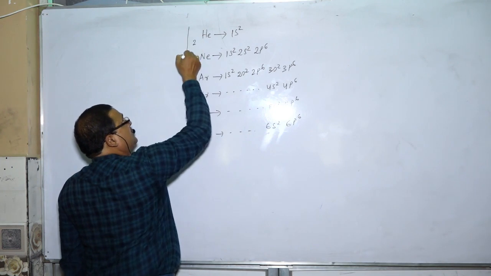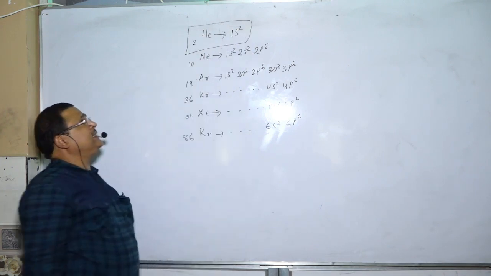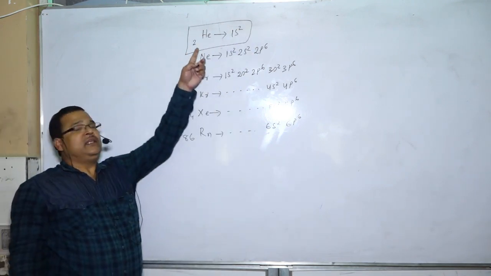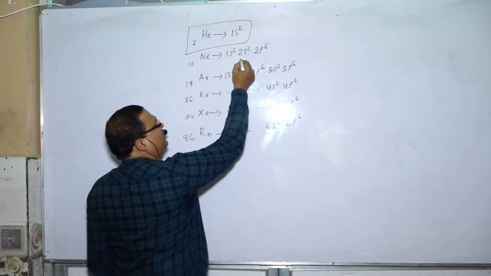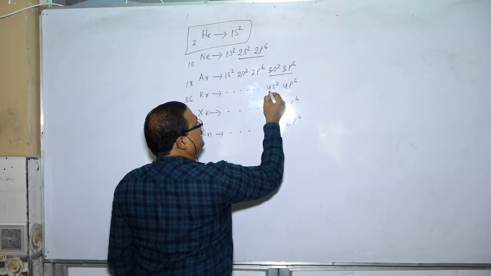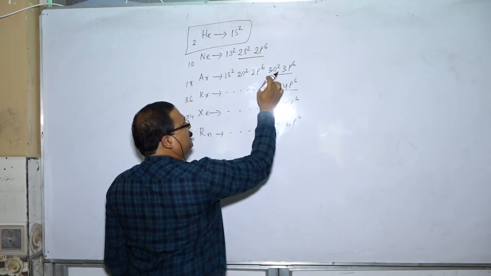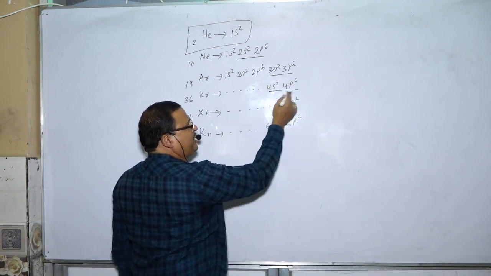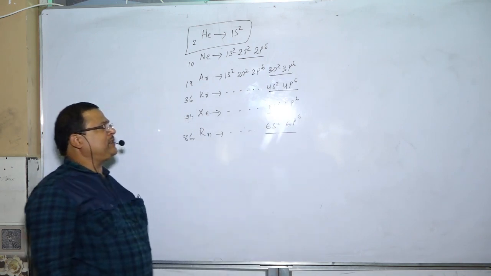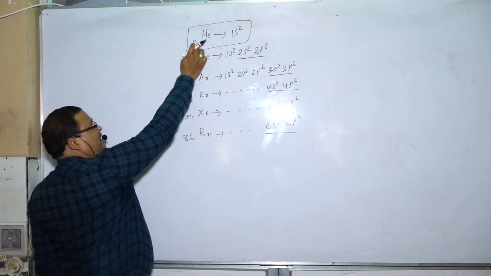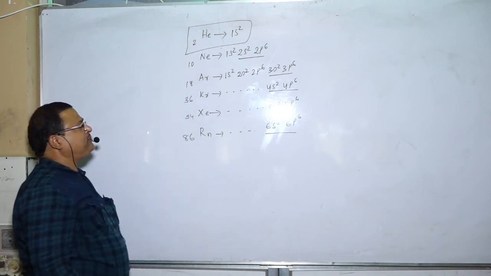Except helium, the rest of all the elements have the general electronic configuration ns2, np6, that is 2s2, 2p6, 3s2, 3p6, 4s2, 4p6, 5s2, 5p6, and 6s2, 6p6. Helium is the exceptional electronic configuration.